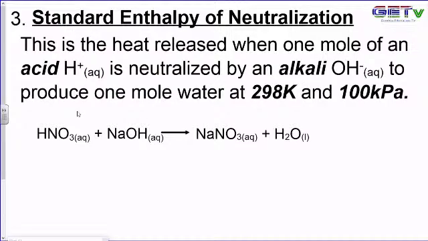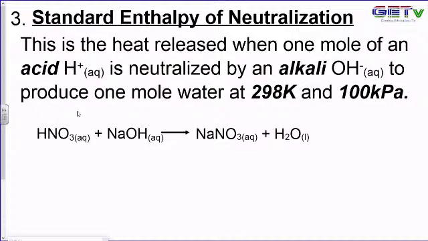neutralization reactions. Now, this is the heat released when 1 mole of an acid, that is hydrogen ion from the acid, is neutralized by an alkali, and that is hydroxyl ion from the alkali or the base to produce 1 mole of water at 298 Kelvin and 100 kilopascal.